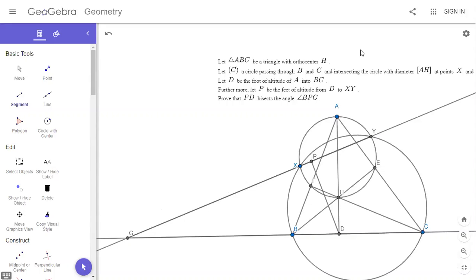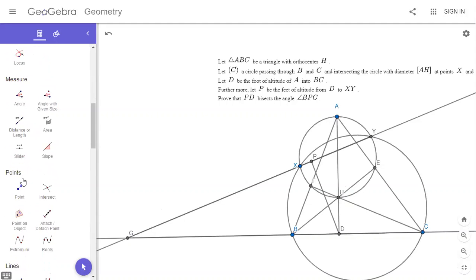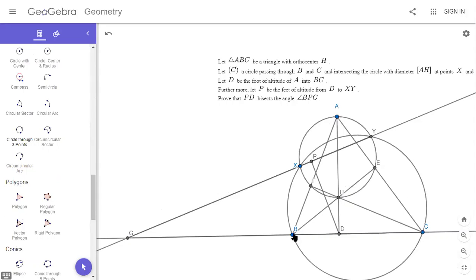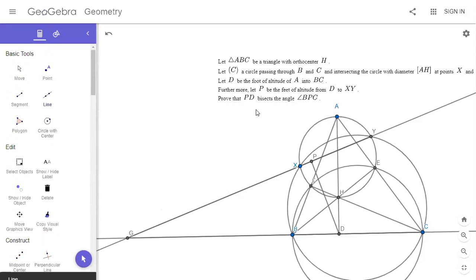X, Y, F, E, and B, C are concurrent by the radical axis theorem. So I think we might have already solved it actually. This was a fast one. From what Timo said, the radical axis theorem says that XY, FE, and BC are concurrent.